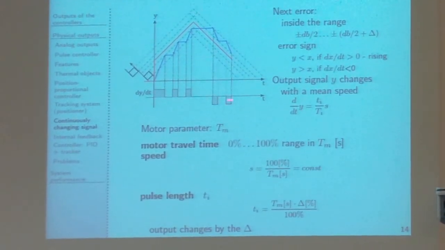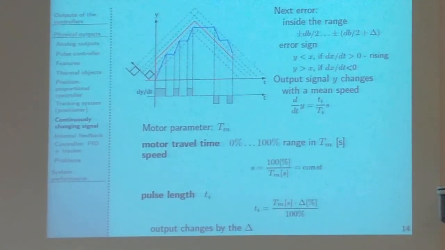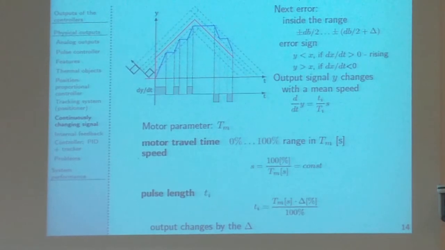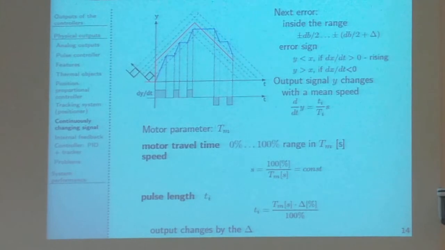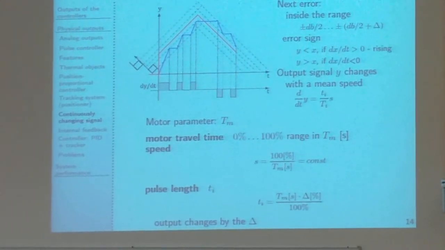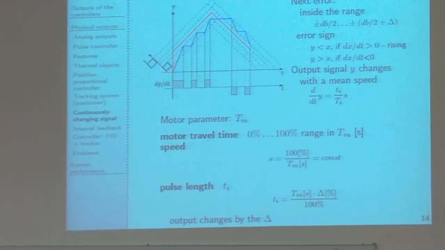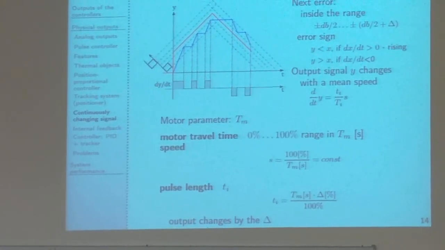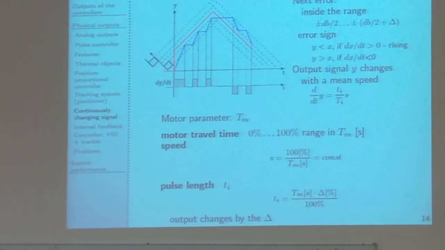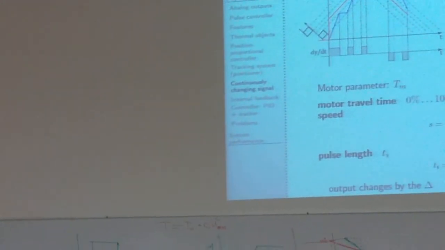If we talk about the motor, the main parameter for that motor is the motor travel time. Those of you who have done work number 4 have already met that parameter. Basically, motor travel time is the time our motor takes to go from the fully open to the fully closed position. So it's the time taken by the motor from one position to another.